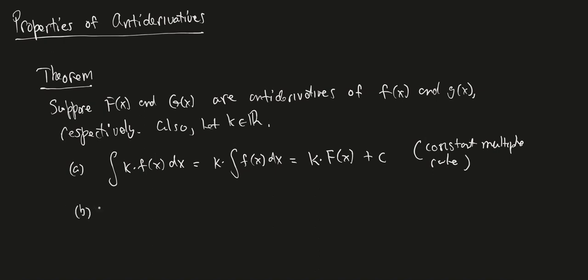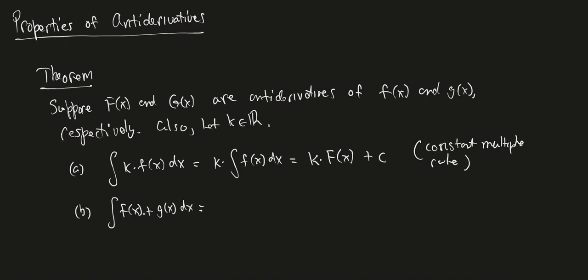Part B is basically saying, what if we were to add little f and little g, and then try to find the antiderivative of the sum? So what if I had to find the antiderivative of little f of x plus little g of x dx? If you remember, once we learned our basic rules for derivatives, we could apply those rules term by term if there was a sum, and also a difference, and we'll get to the difference in a second.